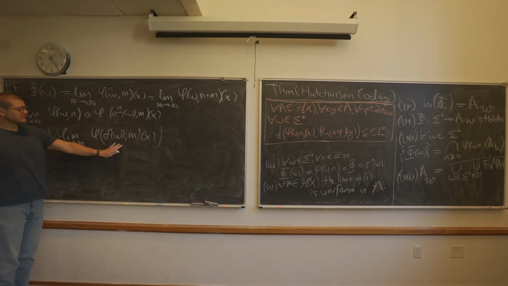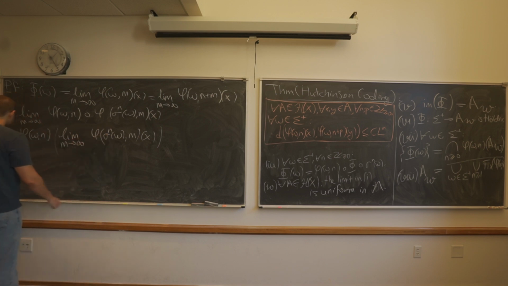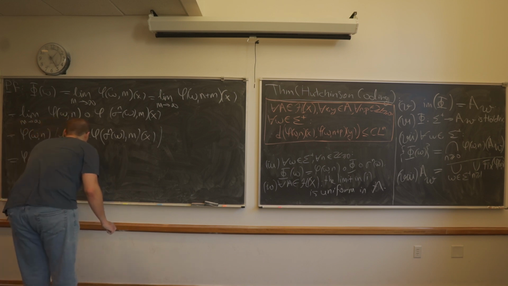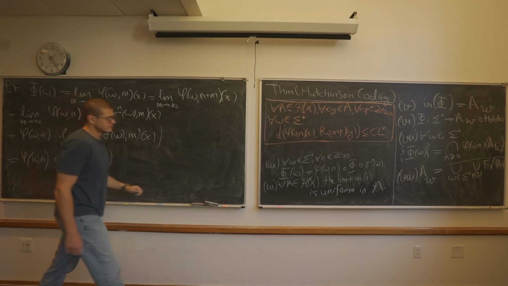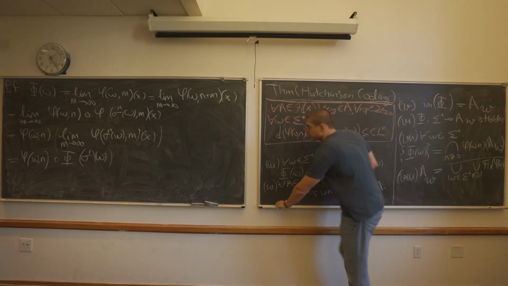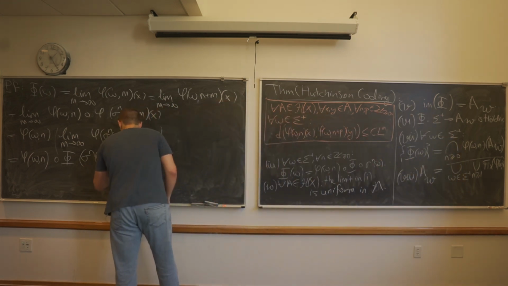But then this is nothing but phi of sigma to the n applied to omega. Which is what we wanted. It's not that complicated here. So 3.